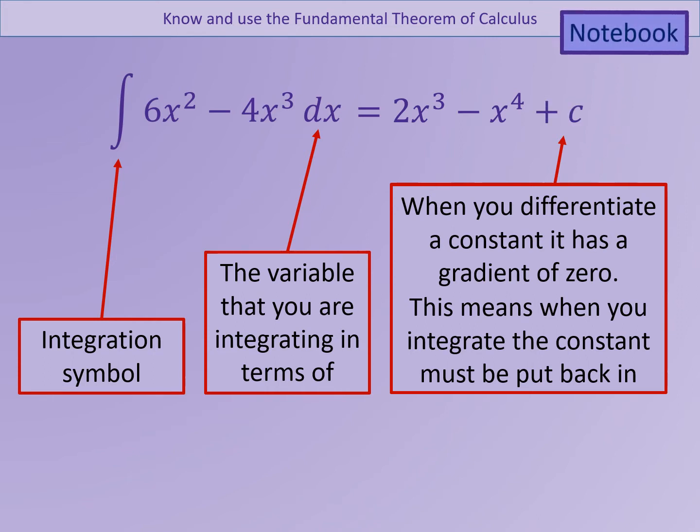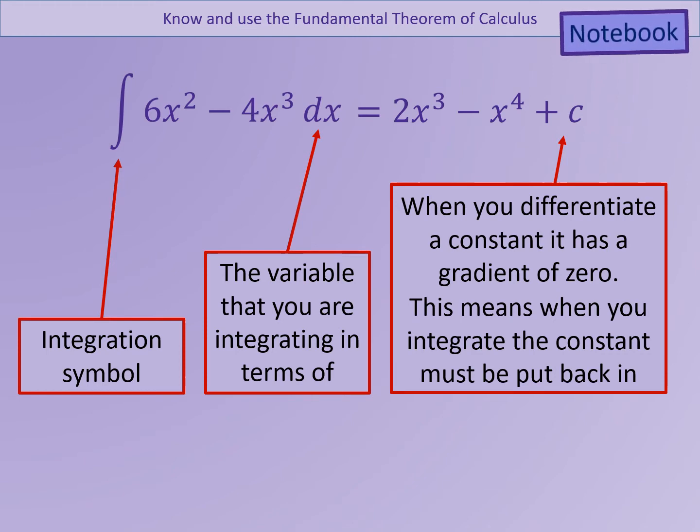Now, if you don't quite understand what I mean by that, think about what would happen if I differentiated the right-hand side. In theory, if I differentiate that answer, the right-hand side, I should get back to 6x squared minus 4x cubed. So the 2x cubed differentiates to the 6x squared that I need. The minus x to the power of 4 differentiates to the minus 4x cubed that I need.